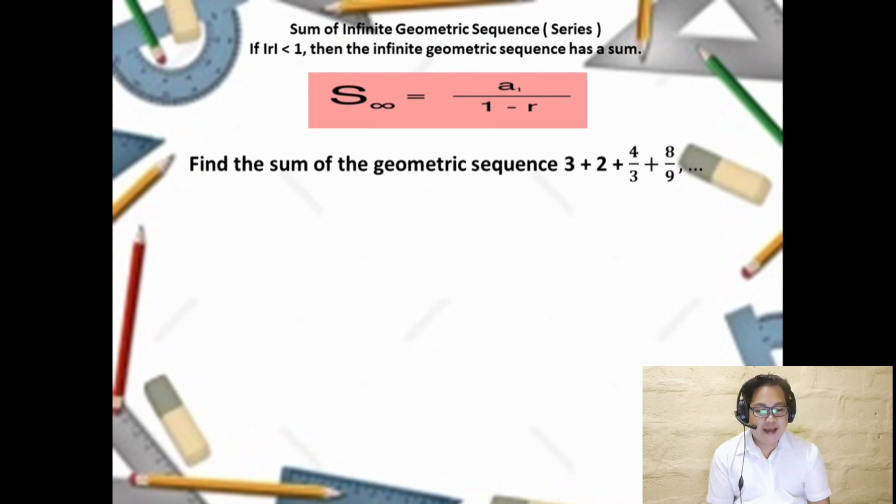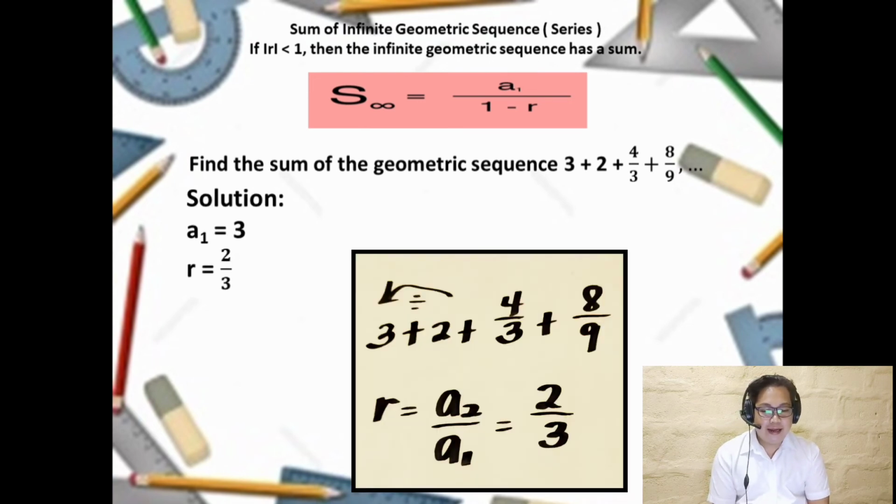Okay, so we have the a sub 1, which is the first term, equals 3. Yung common ratio naman natin, tingnan natin yung second term. Ang second term natin ay 2, i-divide natin sa first term na 3, mabilis itong makita kasi 2 over 3 lang. So, ang ating common ratio ay 2/3.